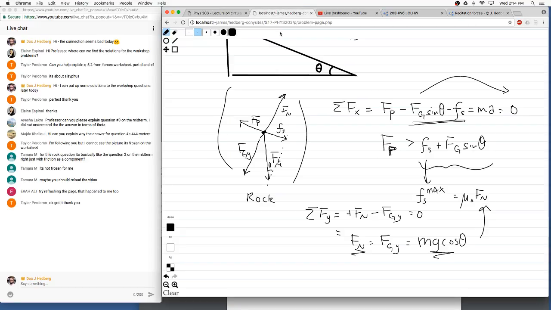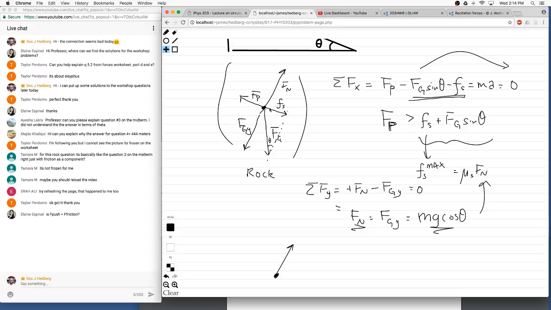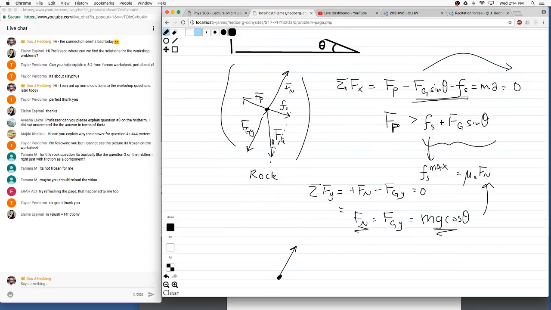If we have someone else pulling on the rope or pulling on the rock also, then all that's going to do is add another complication to the free body diagram. Sorry, no, F push is Sisyphus pushing against the rock, right? In red, I have F, the force due to friction, and in green, I have force push.